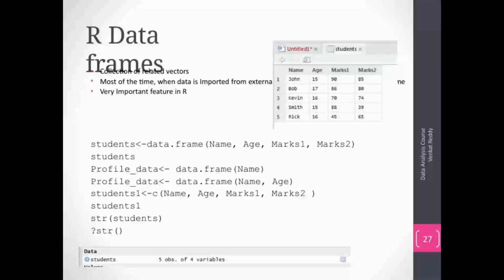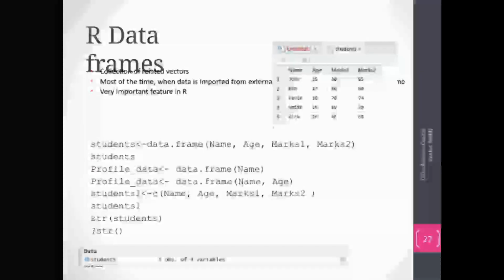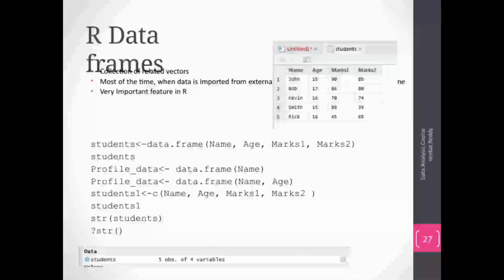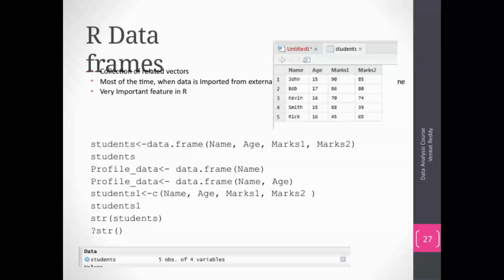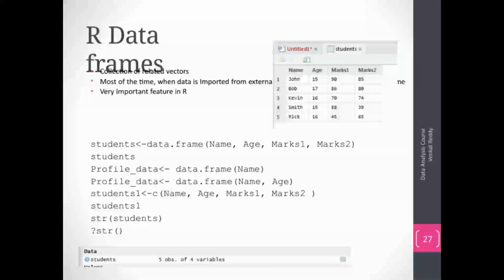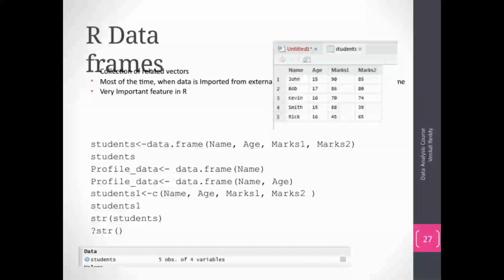It's more for vectors. Now the str function is highlighted here. It's a very important feature in R because it quickly shows the structure of your data frame, including types and dimensions. This is especially useful when importing data from external sources, which is very common in data analysis. Most of the time, when data is imported from outside sources, it's stored as a data frame.